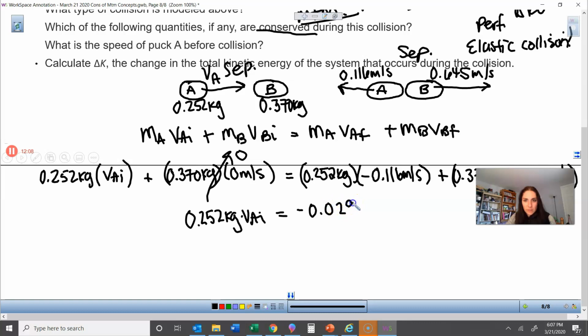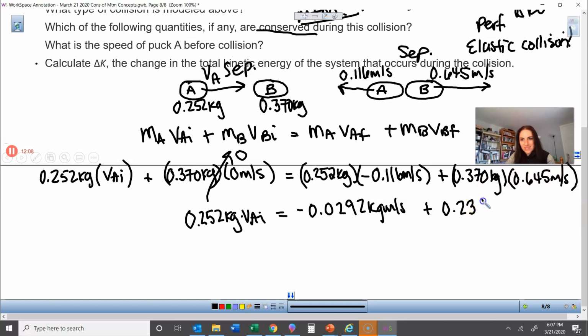And I find that if I break it down instead of doing it as one big giant equation, it's actually less likely that I'll make a mistake.